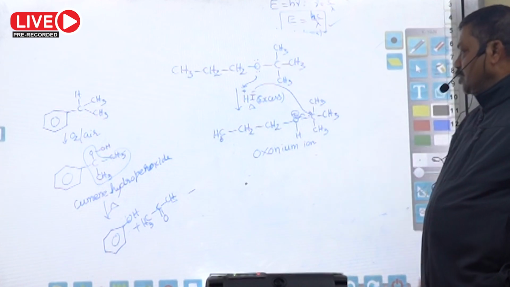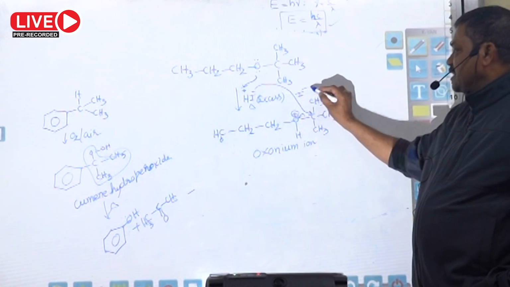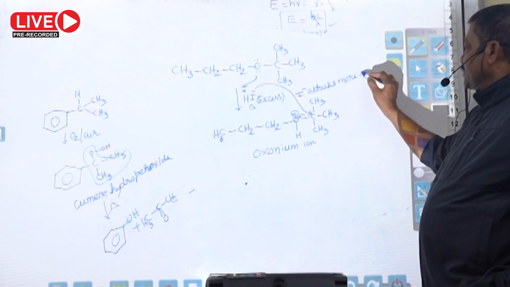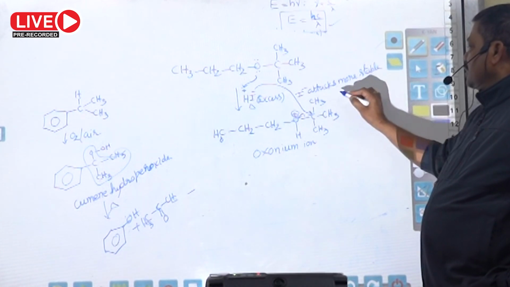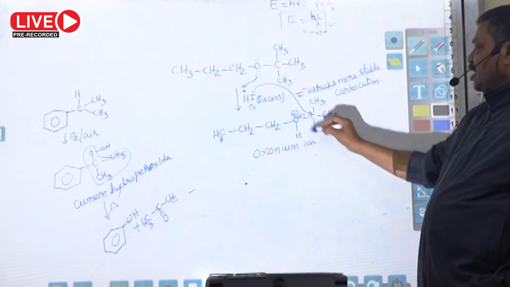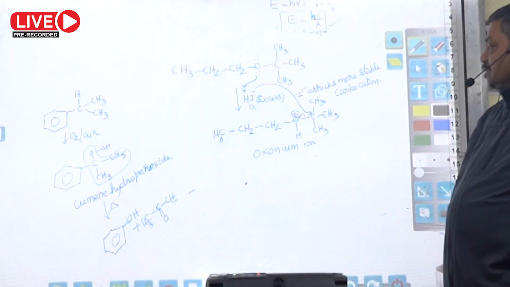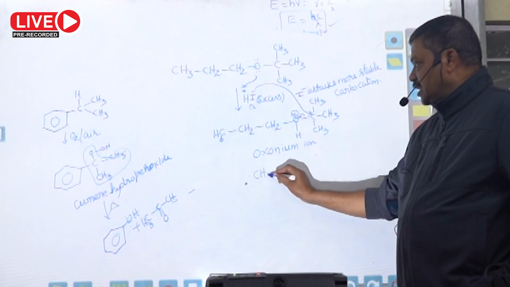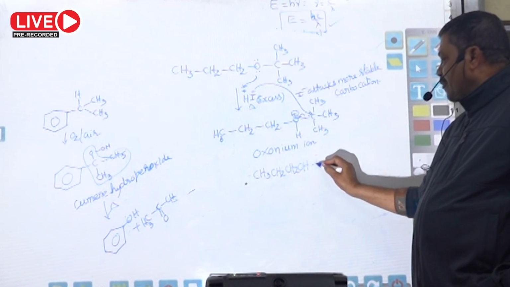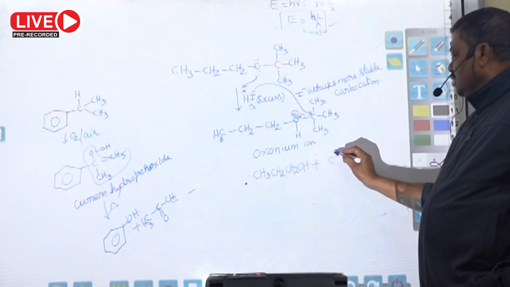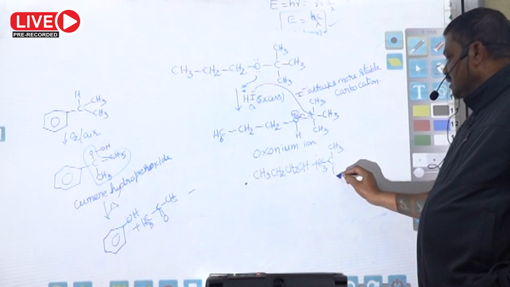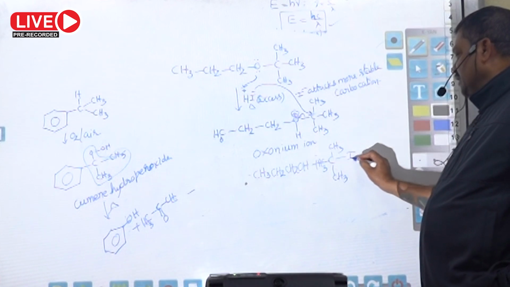This bond will shift towards O. So I minus attacks the more stable carbocation. This is a tertiary carbocation. So the final product is CH3 CH2 CH2 OH plus (CH3)3C I.